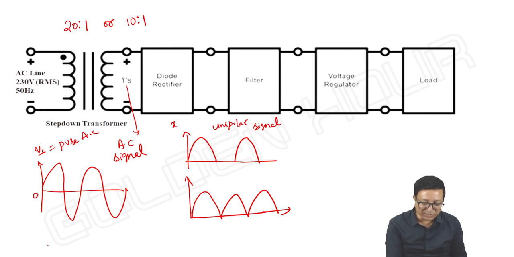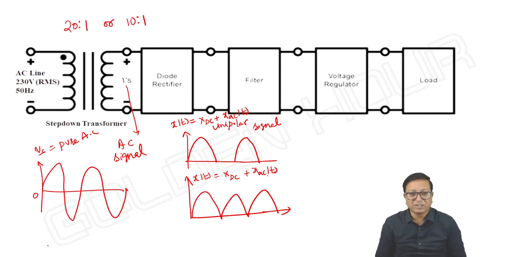According to Fourier series, we can express it as a sum of DC component and AC component. DC means it's an average value. It's a combination of AC and DC. We will see all those things further.